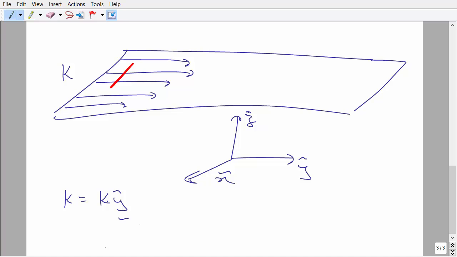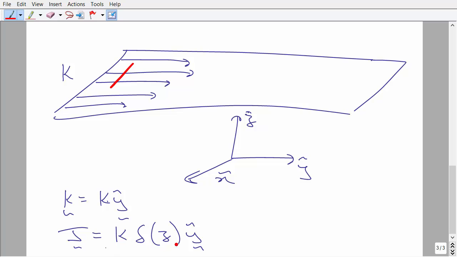Well, in this case, I could write the current density J equal to K delta z y hat. And if we look at this formula, we'll see that it does all the necessary things.